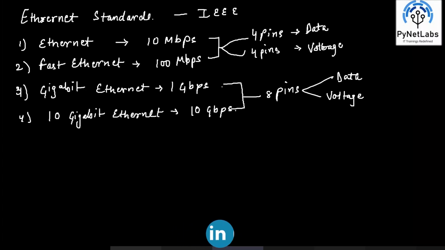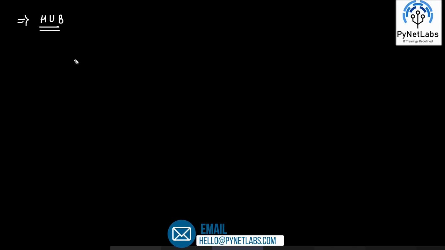Now to understand how useful a switch is, we need to understand something about a device known as hub. Before switches were introduced, a hub was used to connect multiple PCs together.